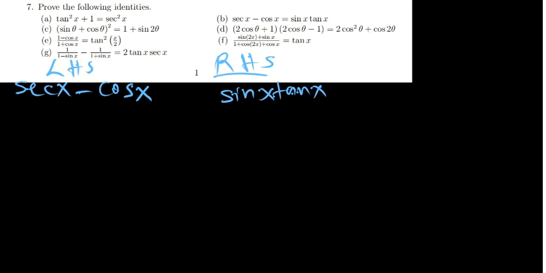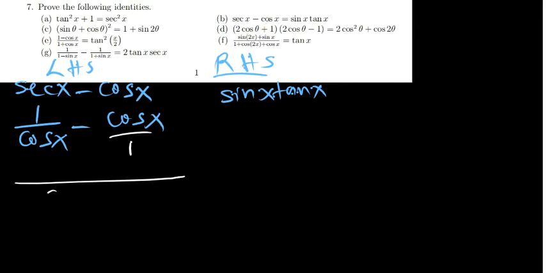So I'll start. I know that sec x is the same as 1 divided by cos x, minus cos x. I can divide here with 1 and then I find the common denominator, which is going to be cos x. 1 times 1 is 1, minus cos x times cos x, which is cos squared x.